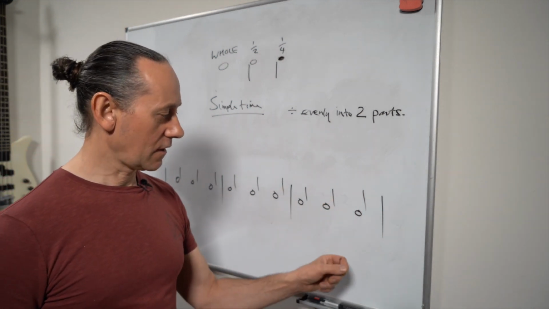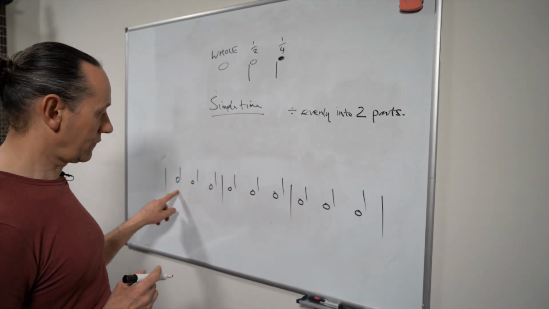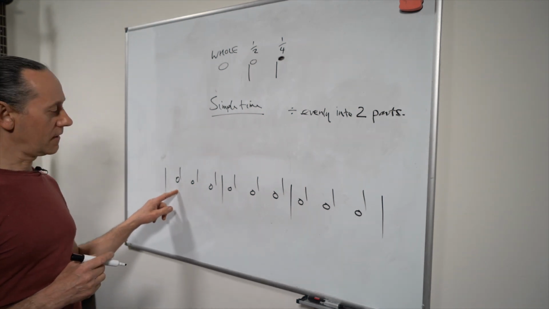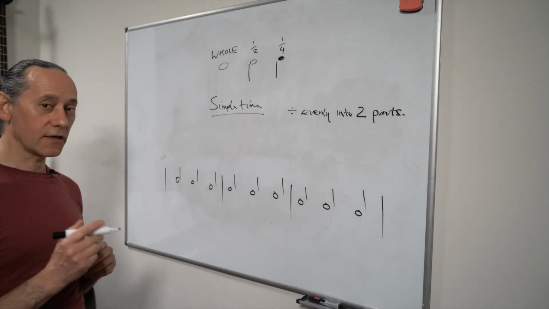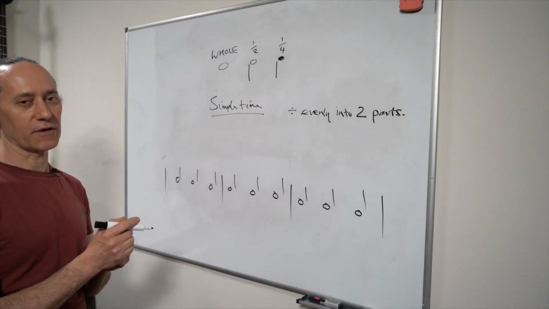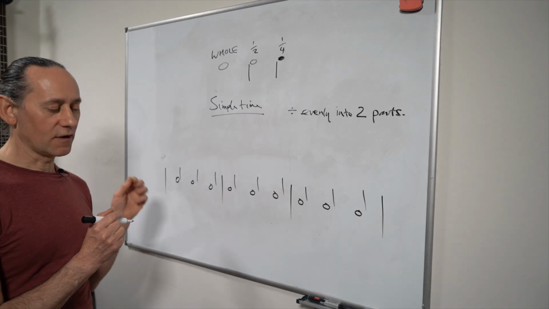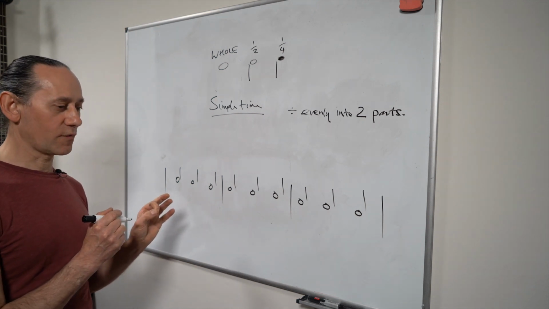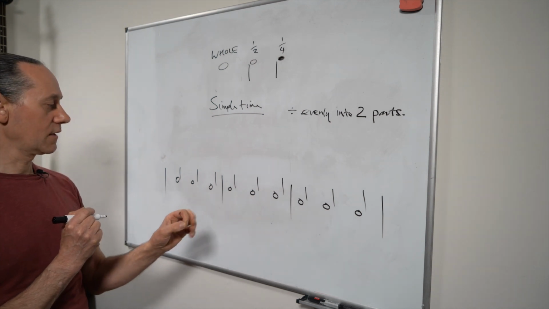So can you hear this? I'm slightly emphasizing the first of each group. In fact, the first note in each bar just has a little more emphasis. And that's very much what you hear in music, even if you're not seeing it notated. You can feel the beat. People tap their foot to the beat, nod their head to the beat, but they always feel the bar line go by. Strong, weak, weak, strong, weak, weak.